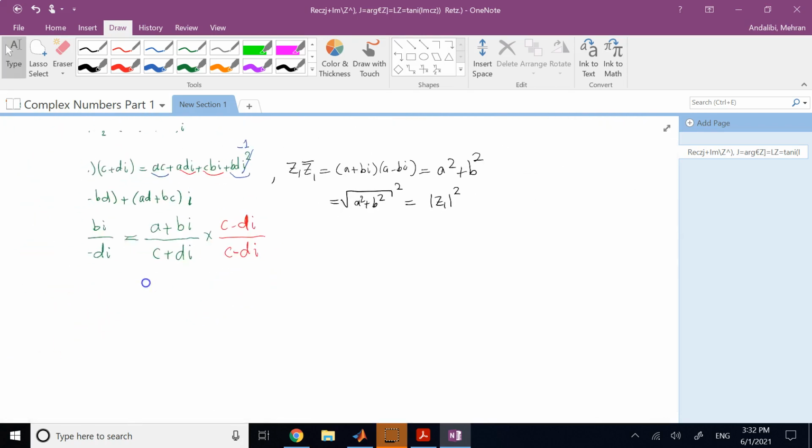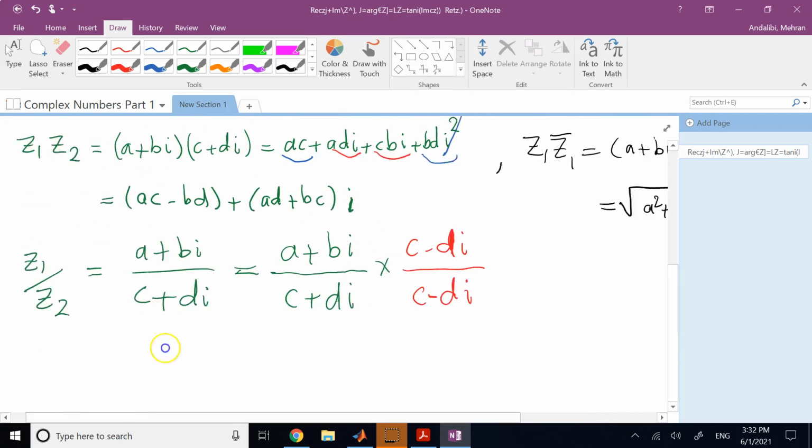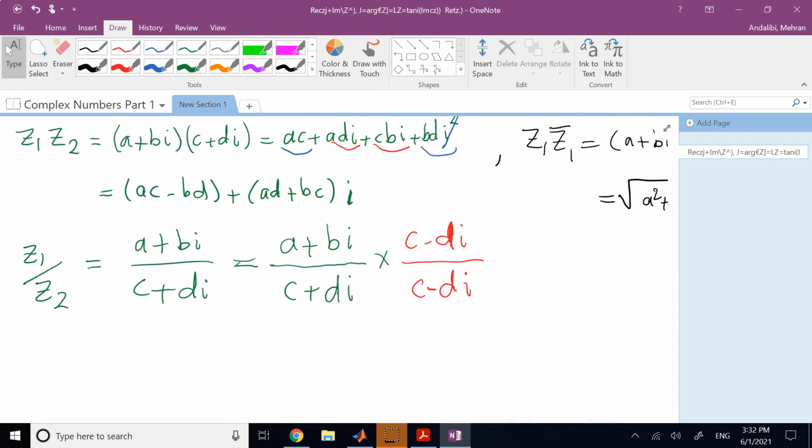So here, when I'm dividing, what do I get? By multiplying both numerator and denominator by the conjugate of the denominator, what I will get is the product of these two over the product of these two. But the product of the two terms in the denominator, since they are complex numbers and conjugates, is going to be c squared plus d squared, which is a pure real number.